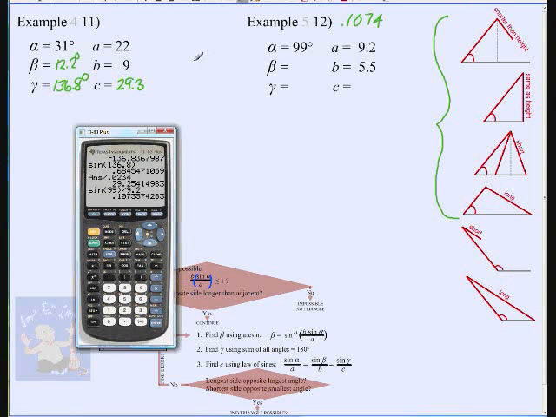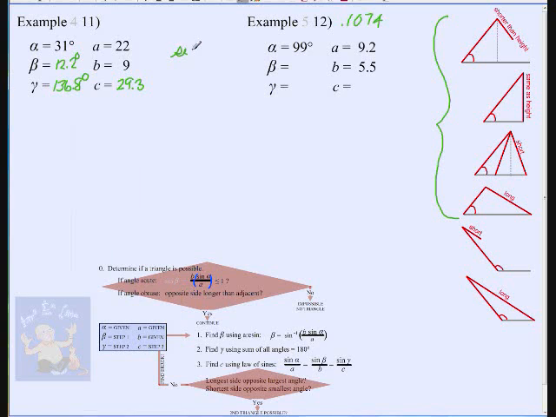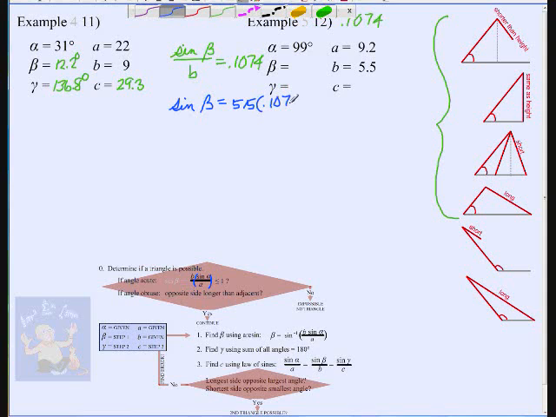Now I'm going to have the sine of beta over b, or another way I can write this is the sine equals the opposite side, which is 5.5, times 0.1074.